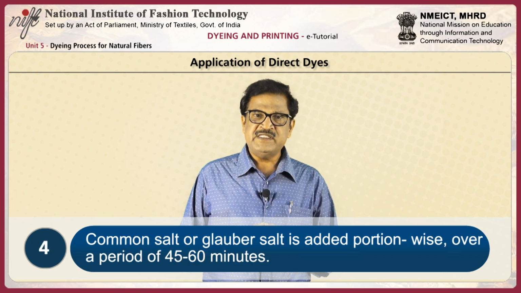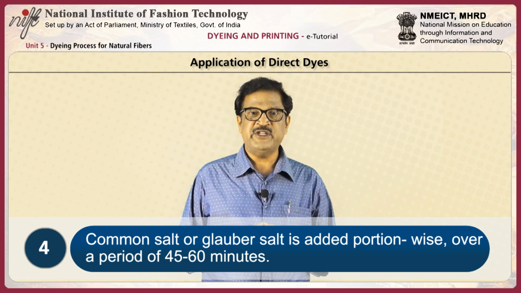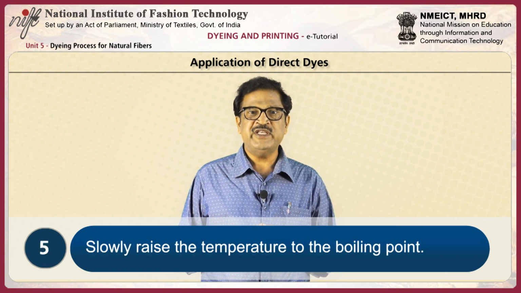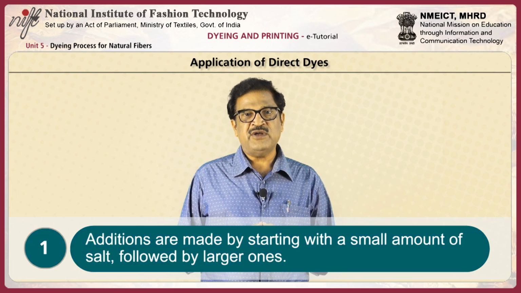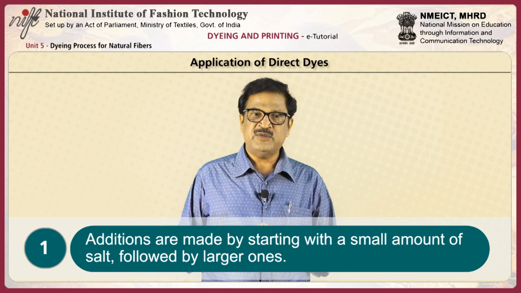Then common salt or Glauber salt is added portion-wise over a period of 45 to 60 minutes while the temperature is slowly raised to the boiling temperature. Additions are made by starting with a small amount of salt followed by larger portions.